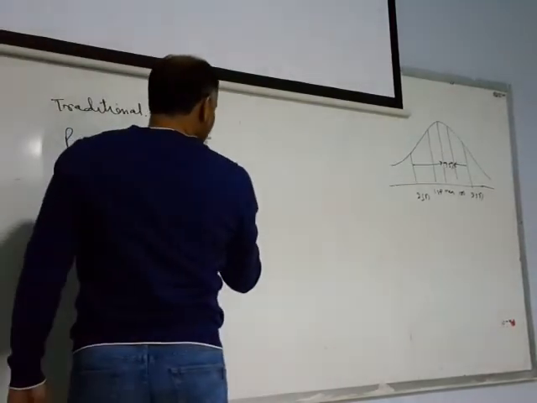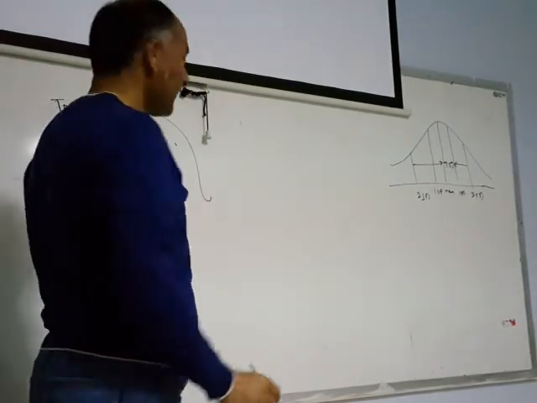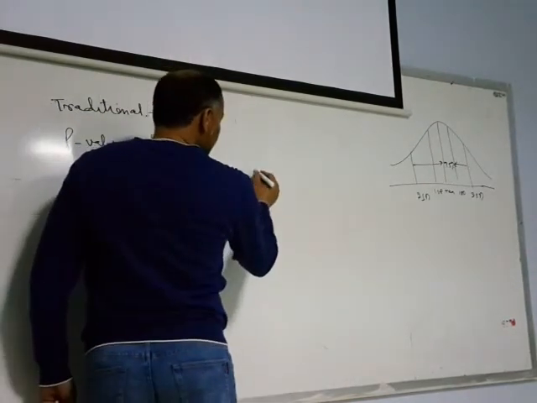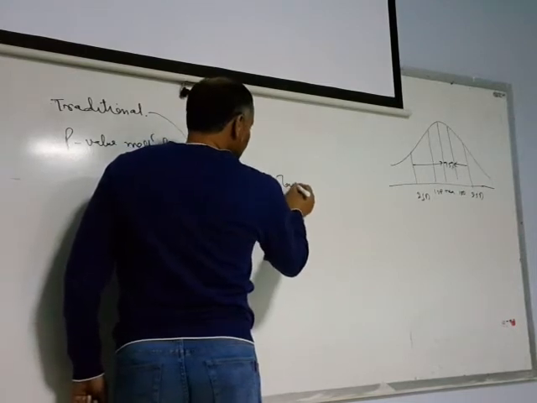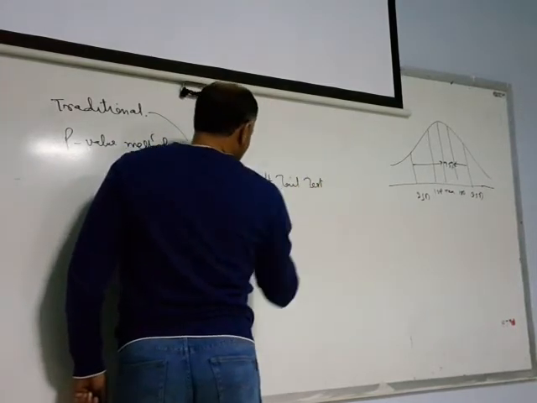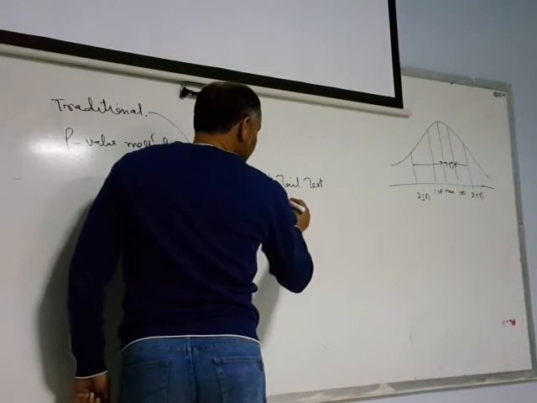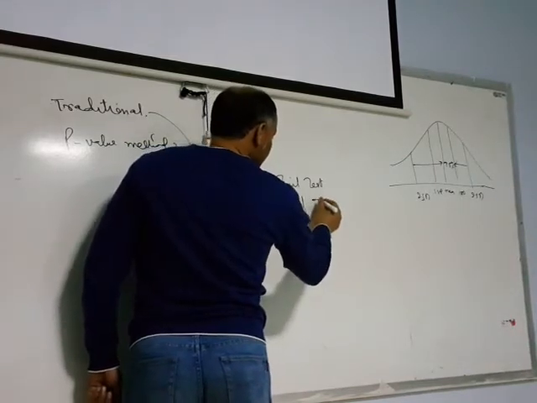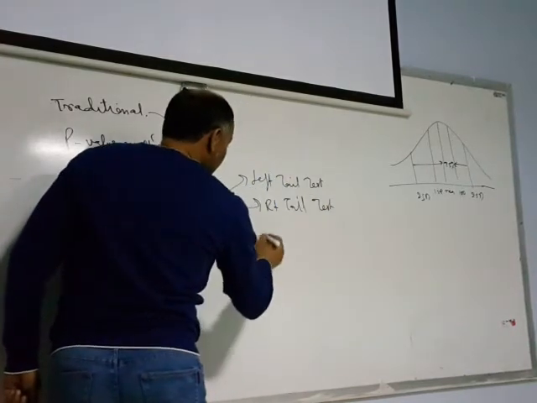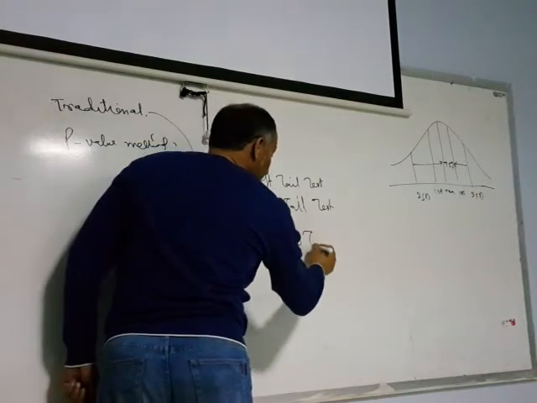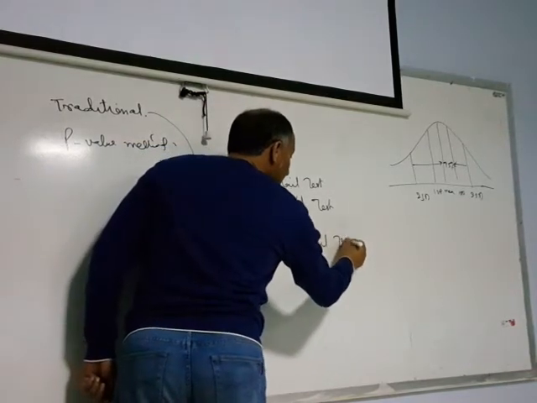But in the traditional method, we say it is a left tail test. I say it is a right tail test. I say it's a 2-tail test. Now what is this?